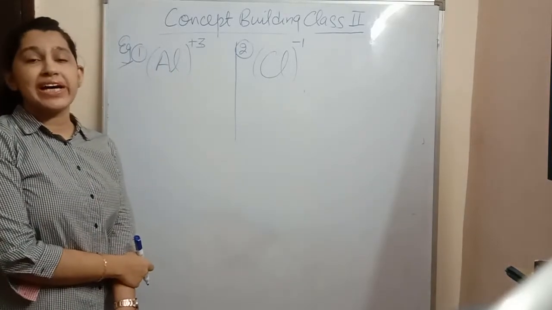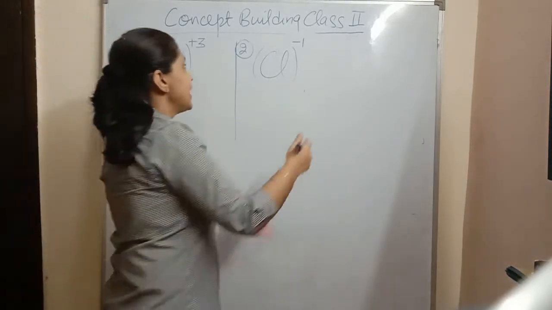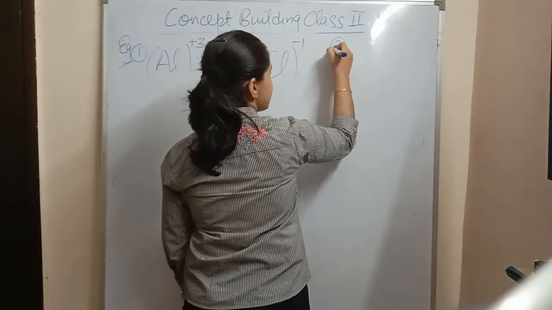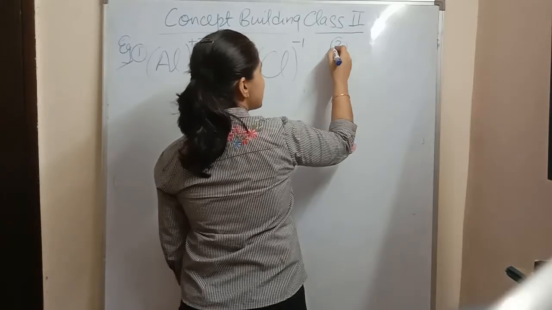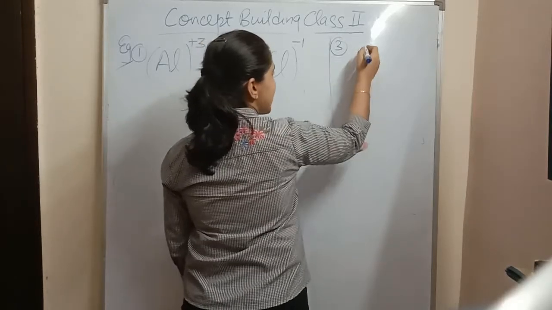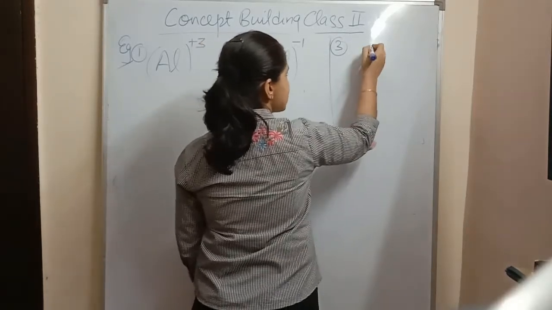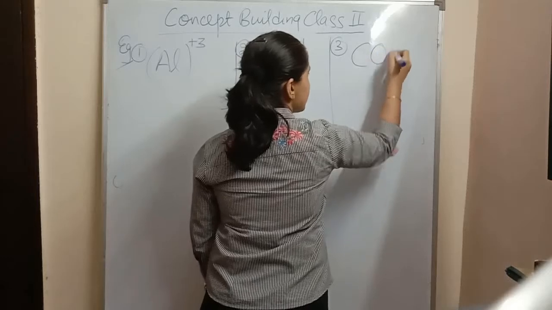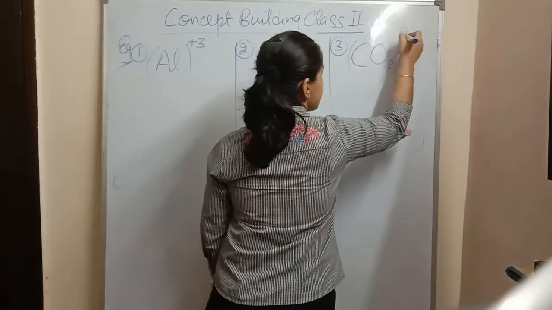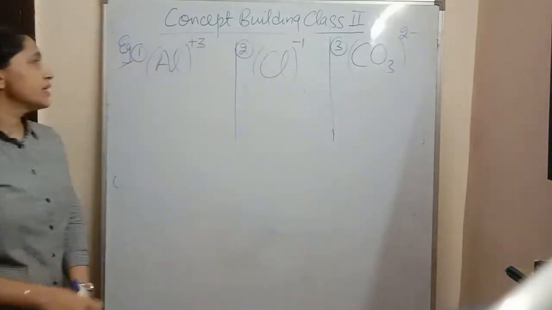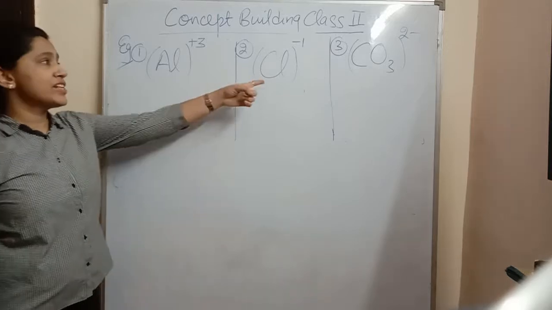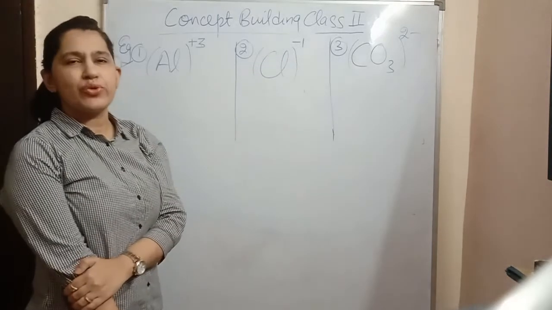What is chloride ion? Cl minus 1. And the third one is carbonate ion. What is carbonate ion? We did it in the previous class. It is CO3 2 negative. Right? Aluminium ion, chloride ion, and then the carbonate ion.